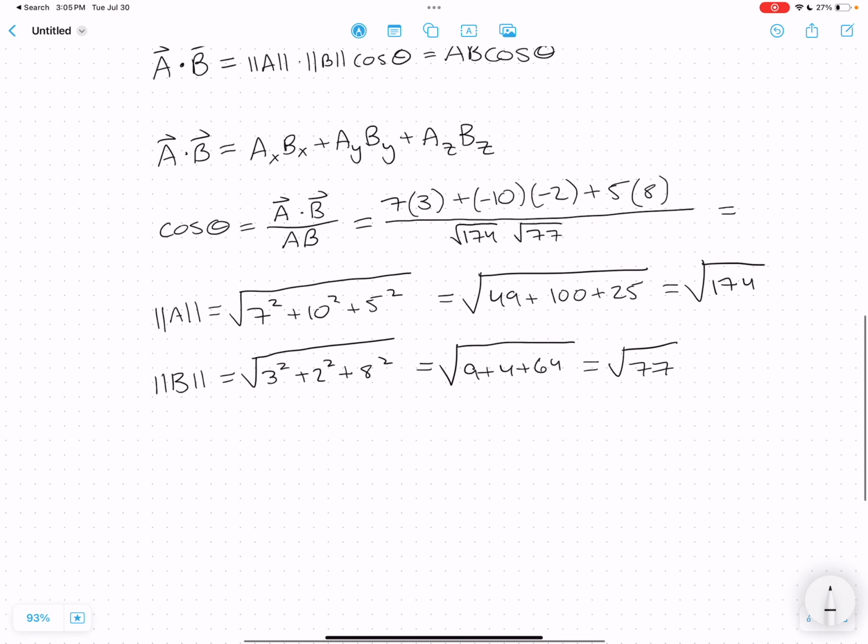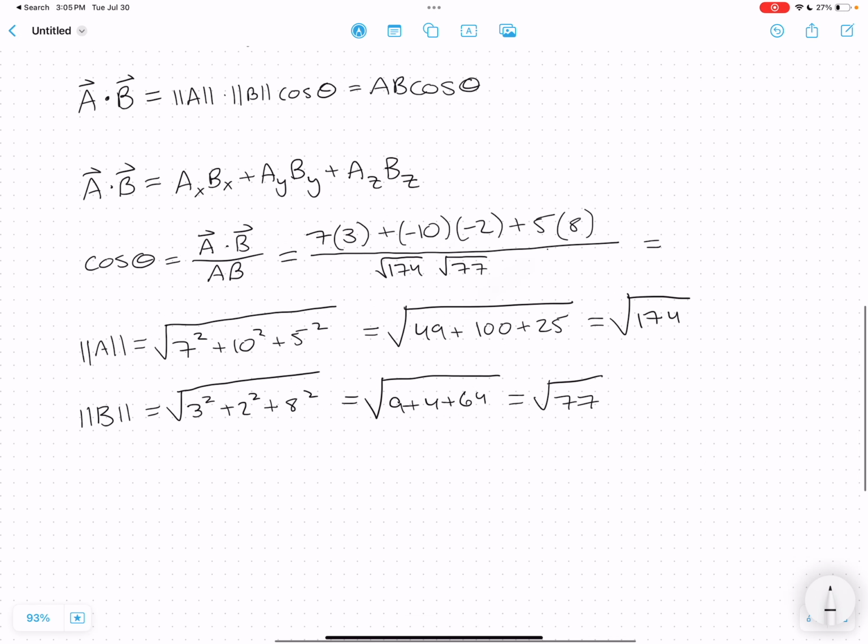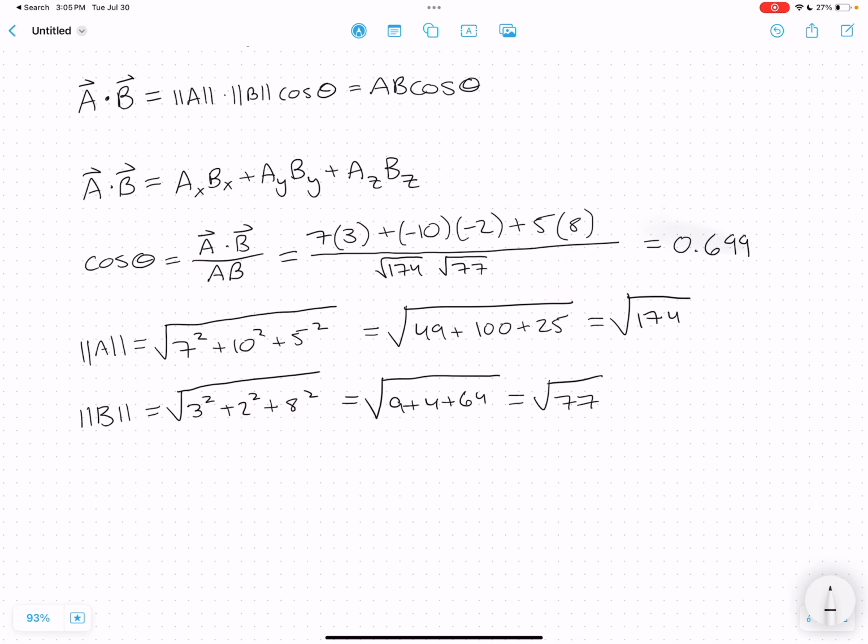Let's see, we got 21, 20, 40, square root of 174, square root of 77, with a multiply in the middle there. I've got 0.6998.